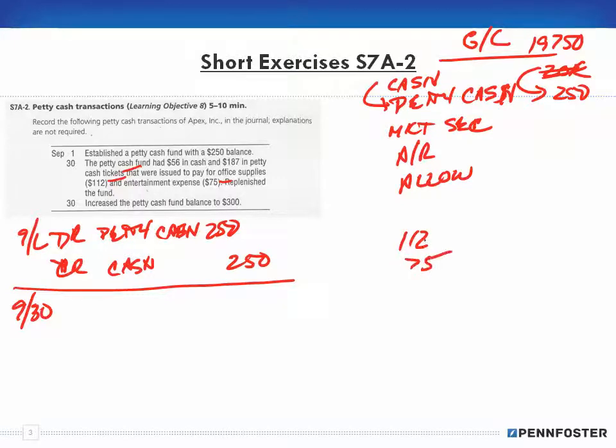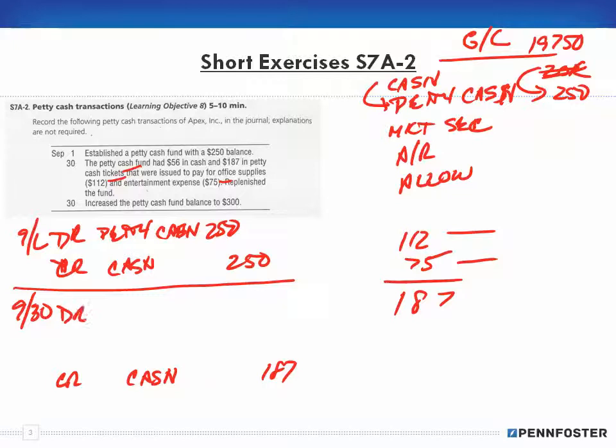To replenish it, we need to write a check and get cash. So we're going to credit cash because our cash is going to decrease in the amount of $187. Now we have to decide which general ledger accounts to use for the office supplies and the entertainment.